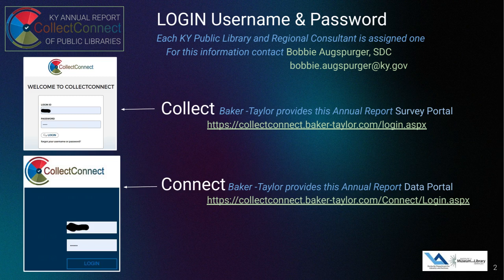Let me get my little arrow pointer here, and you can see the Collect is a lighter background and Connect is the darker, and these are two different URLs, but they should have the same username and password. If that's not true and you're not able to get into one or the other, throw an email to me or to Nicole Gieske, and we will get that information out to you ASAP. All righty.